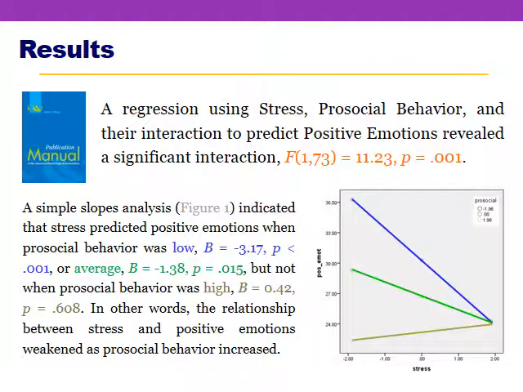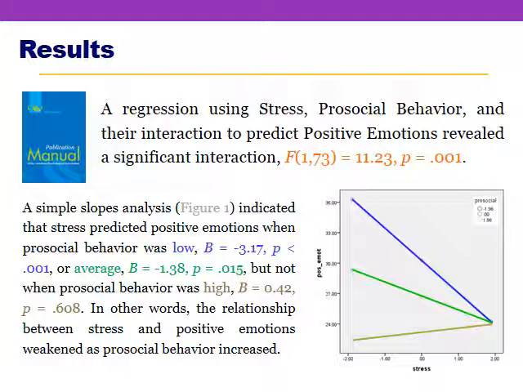To make sense of the interaction, we did a simple slopes analysis, and what we found is that the relationship between stress and positive emotions was significant when prosocial behavior was either low or average, but it wasn't significant when prosocial behavior was high. In other words, the more prosocial behavior you did, the weaker that relationship got.